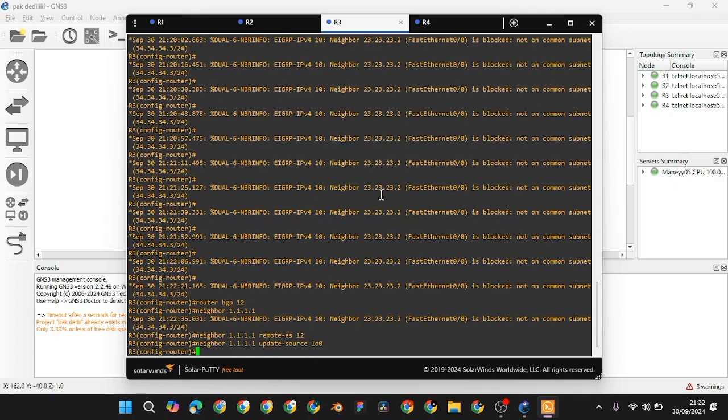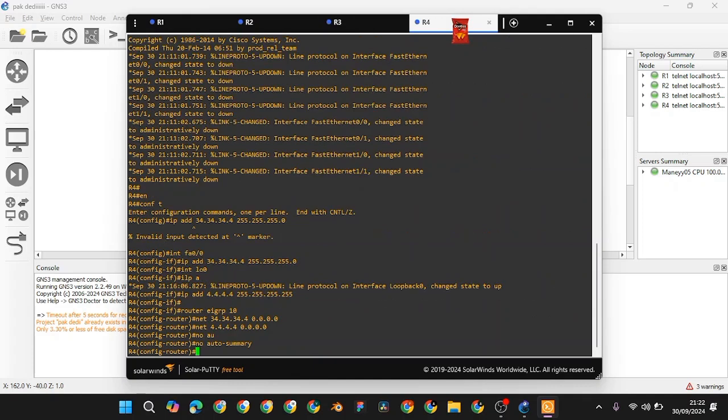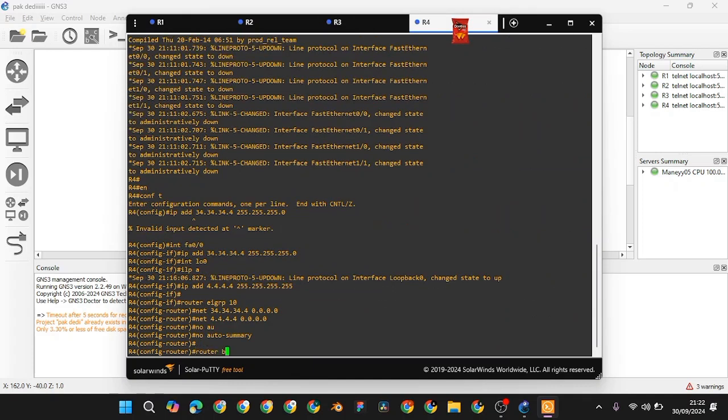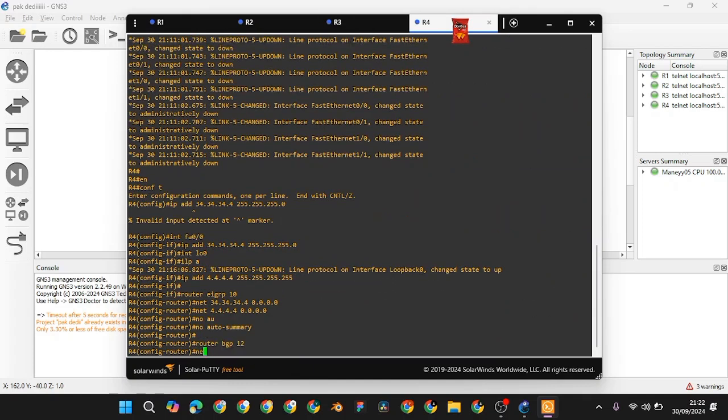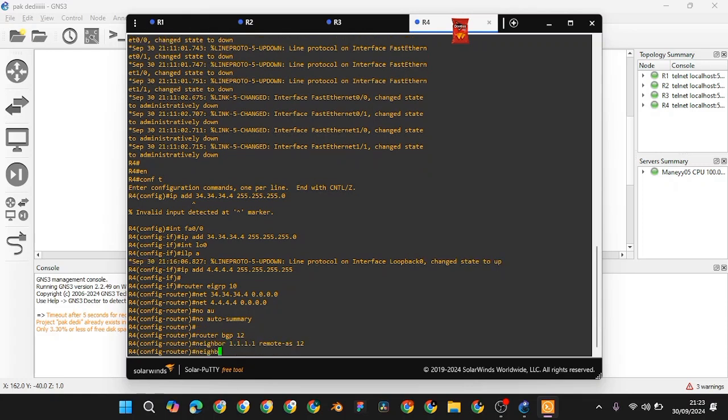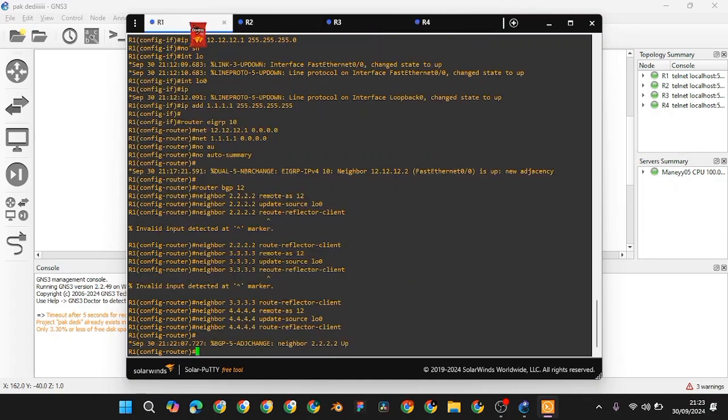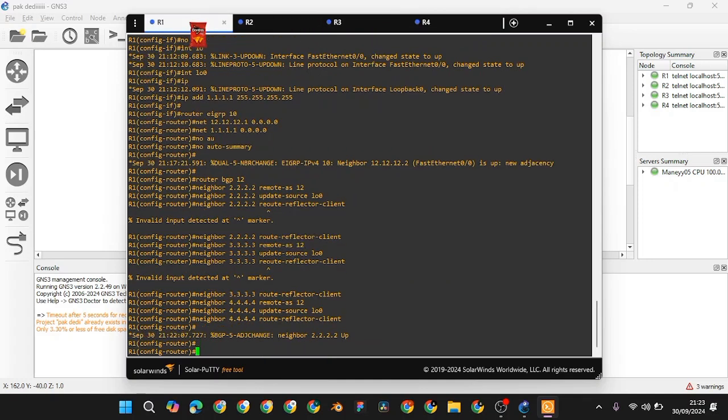After this, the last router: remote-as 12, neighbor 1.1.1.1 update-source lo0.